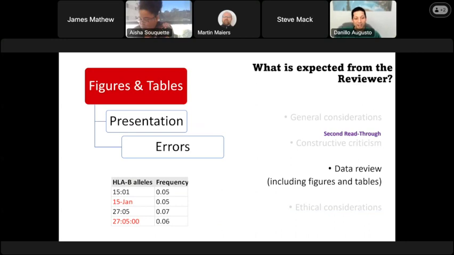Sometimes Excel is super smart, and when they write an HLA allele, Excel just changes it to a date. For example, instead of B1501, it's going to be January 15, and sometimes we see those errors in published papers. So if you spot something like this, please point that out.